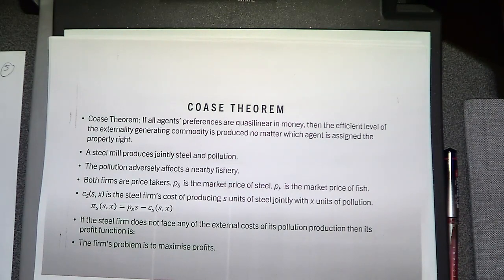We've done a revision of externalities, what you saw from the firm side, and we explained externalities from the consumer point of view, and how the allocation was not going to be efficient either. So for the Coase theorem, we are going to see it bringing everyone, both sides, together: the firm, and also the affected party.